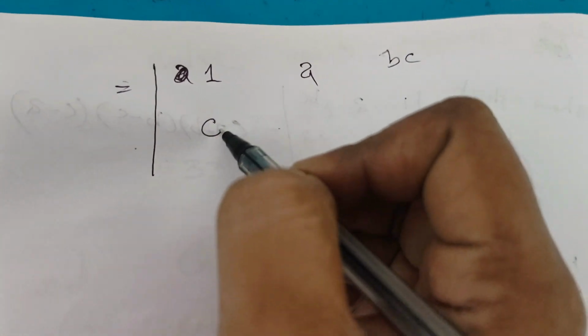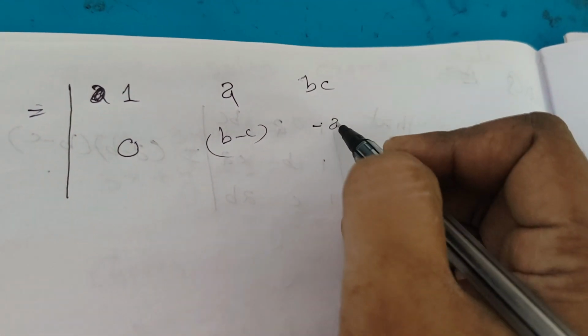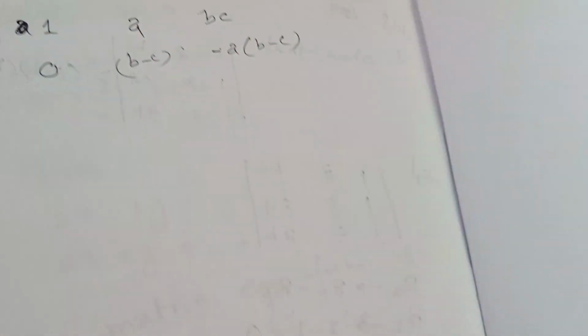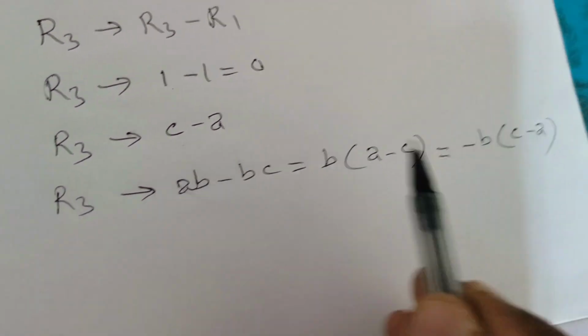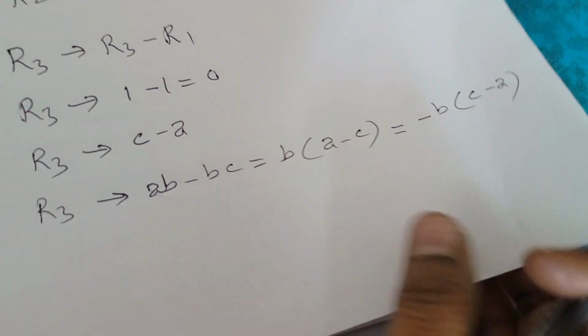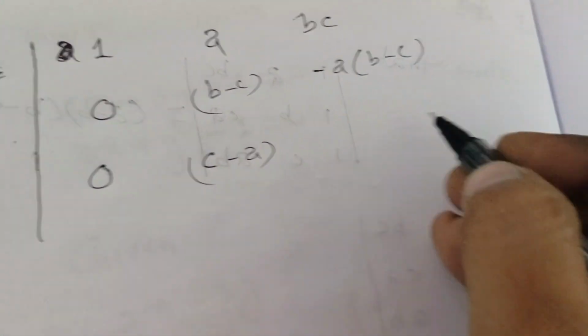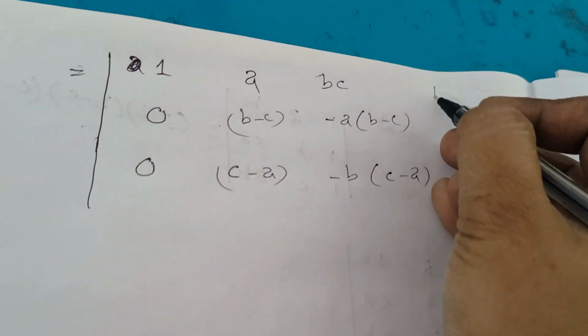This is 0, b minus c and this is minus a into b minus c. Now our third row elements are 0, c minus a, minus b into c minus a.